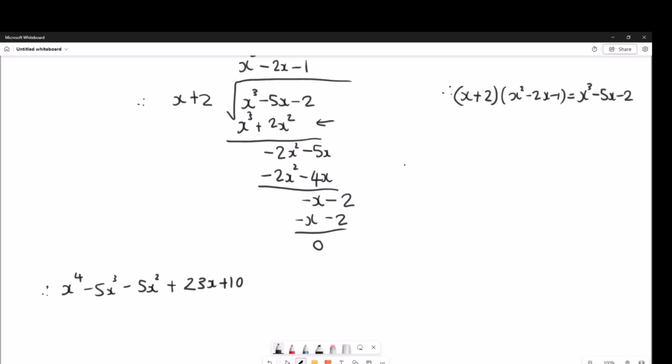And we initially noted we got 5 as a zero, so x minus 5 is a factor. And then we split up the cubic polynomial into x plus 2 times x squared minus 2x minus 1. So we can see that 5 is a factor and minus 2 is a factor.